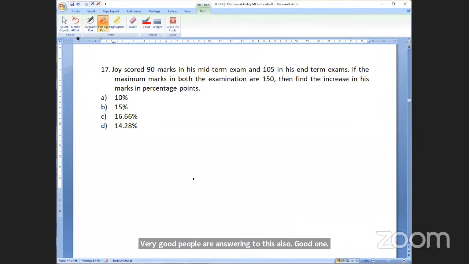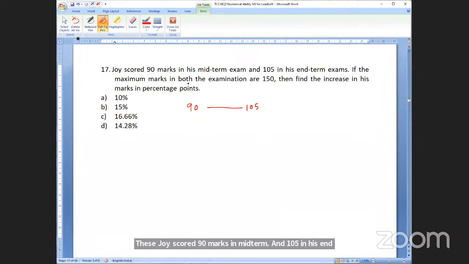You need to understand what we mean by increase. Increase is always on the previous base. Joy scored 90 marks in midterm and 105 in his end term.